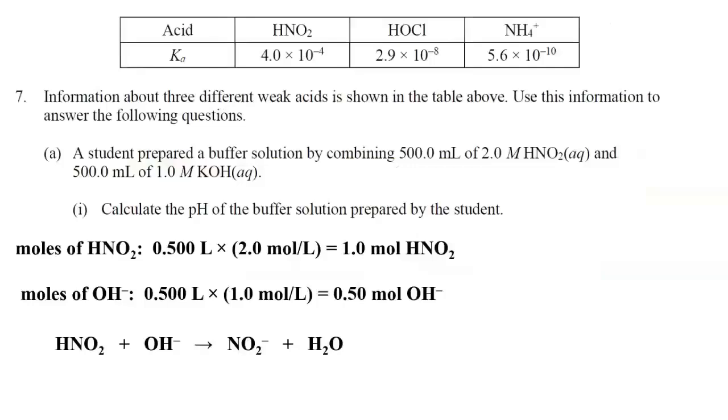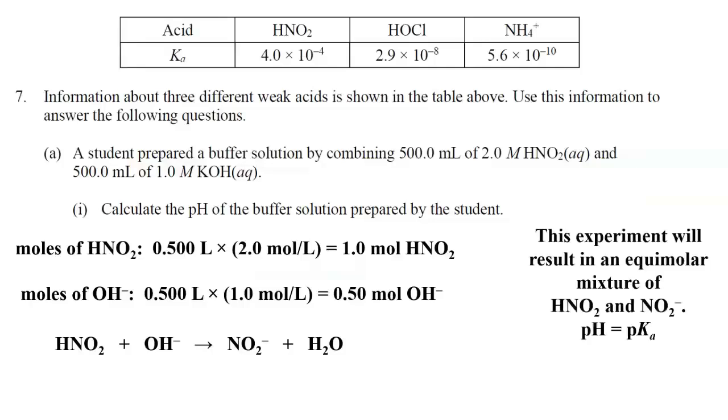So when these two solutions are combined to make a buffer solution, it's going to produce an equimolar mixture of the nitrous acid, HNO2, and its conjugate base, NO2 minus. So when you have an equimolar mixture of the weak acid and its conjugate base, the pH of that solution is equal to the pKa. So now we can answer this question. Calculate the pH of the buffer solution prepared by the student. The answer is it's going to be the pKa for nitrous acid.